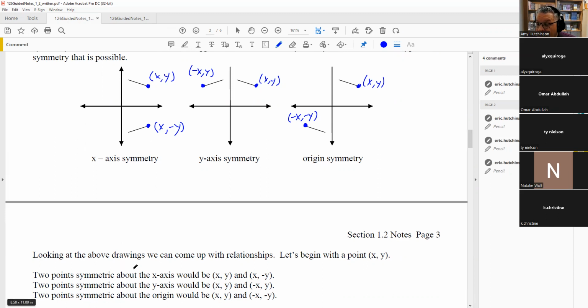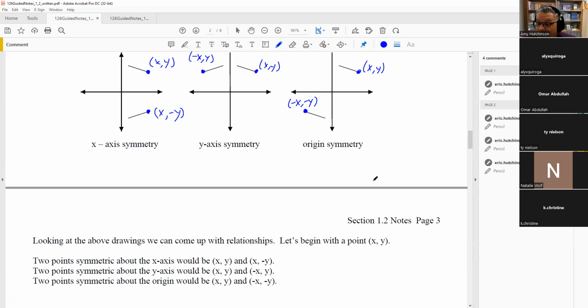So two points symmetric about the x-axis would be (x, y) and (x, negative y). Two points symmetric about the y-axis would be (x, y) and (negative x, y), as we can see here. And two points symmetric about the origin would have opposite signs for both the x and the y, as we see here. So this down below is just a summary of the drawing that we did up above.